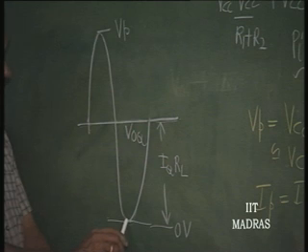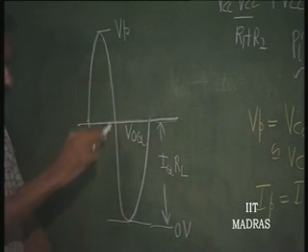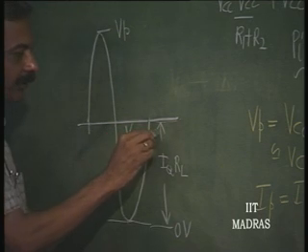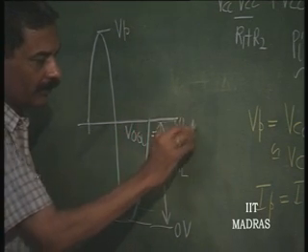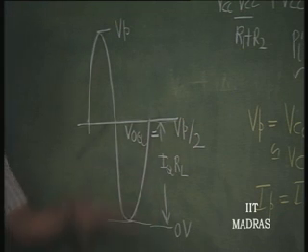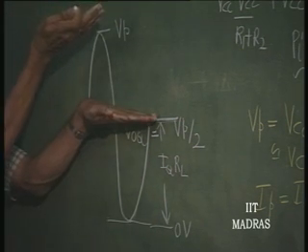Okay. So, it goes from 0 all the way up to V p. So, if it is to be symmetric, obviously V naught q has to be equal to V p divided by 2. This is V p by 2 and that is V p by 2.